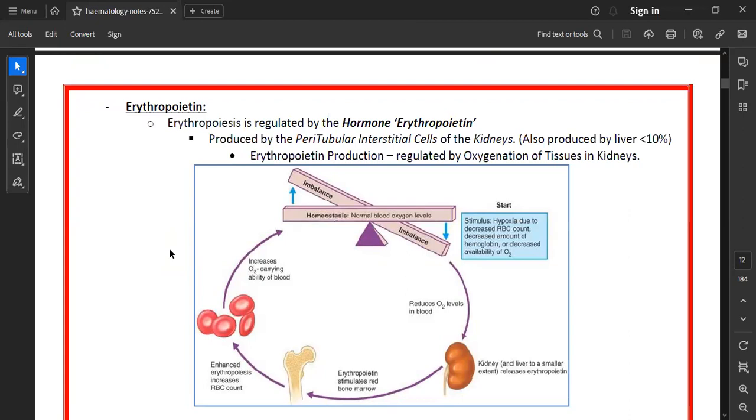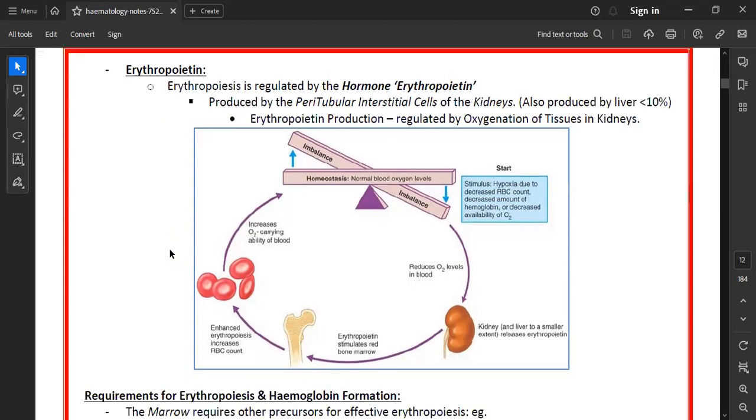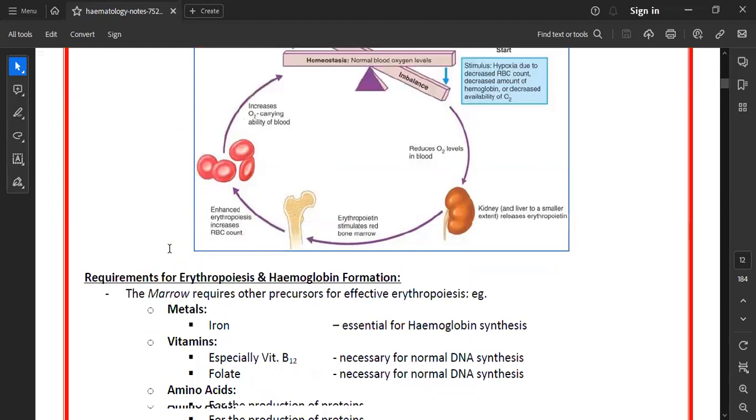It's one of the things that was commonly implicated in athletics, where people were found to be injecting various levels of erythropoietin to increase their red blood cells, which increases their oxygen carrying capacity, meaning they have more endurance. So erythropoietin is the hormone that regulates erythropoiesis.